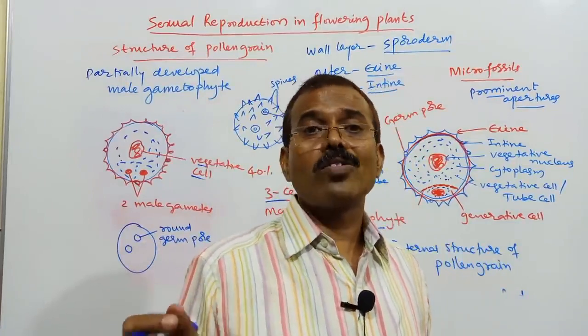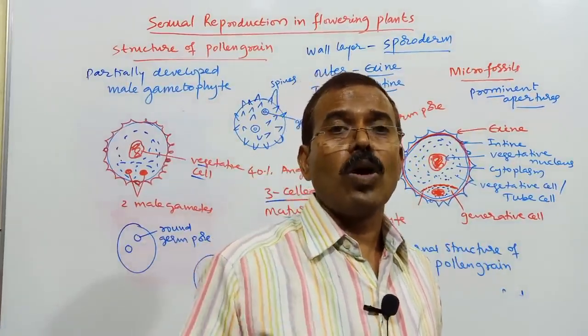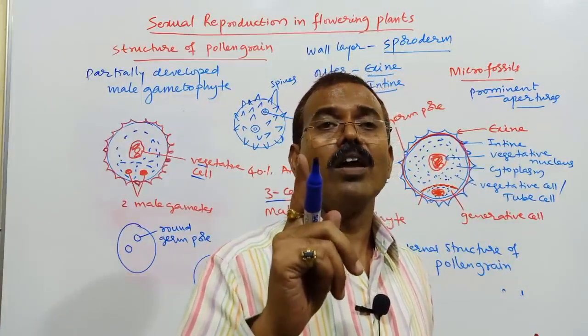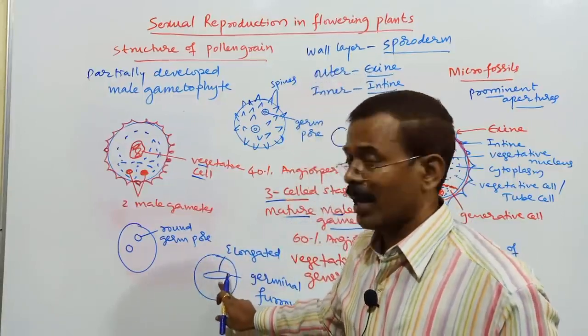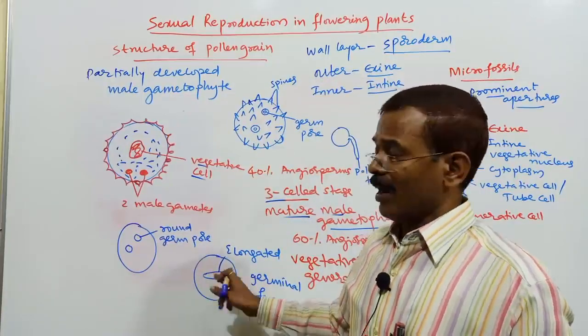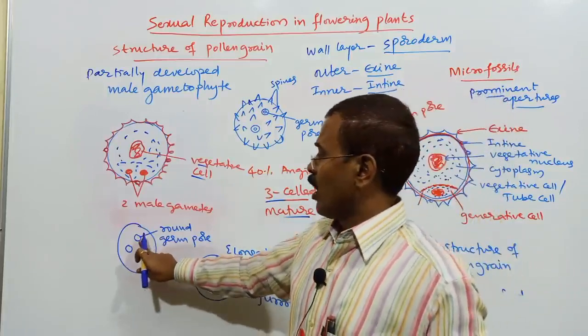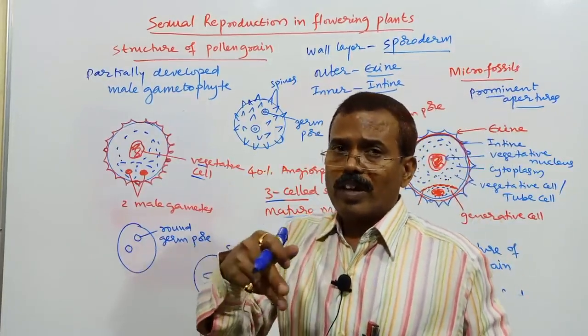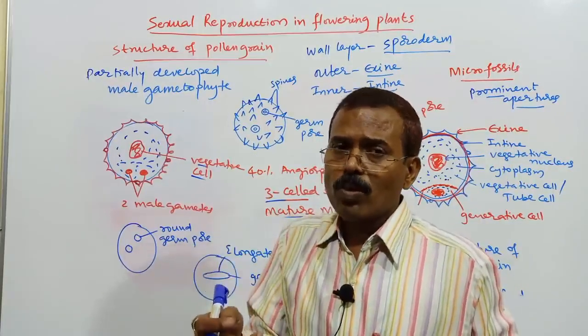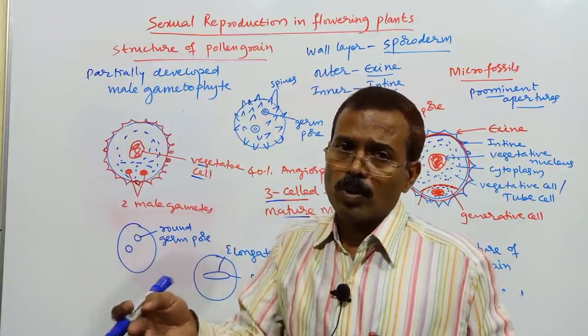So in monocots, I told you, monocolpate. In monocolpate, a single germinal furrow will be there, elongated like this. And in case of dicots, you have germ pores, that is either bicolpate, 2 germ pores, or tricolpate, 3 germ pores, whatever it is.